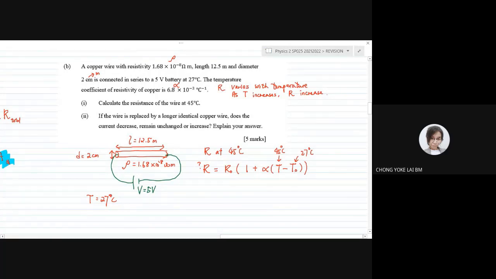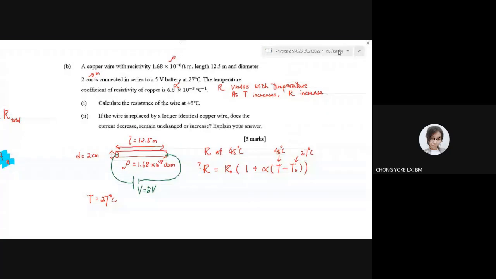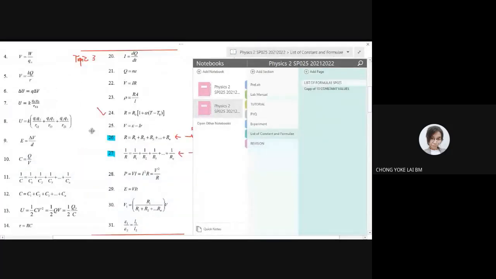But then, the question didn't give us the R naught, but the question gave us the resistivity, the length of the wire, and the diameter of the wire. So, how we relate R with resistivity and length? That one kita kena guna satu lagi equation.